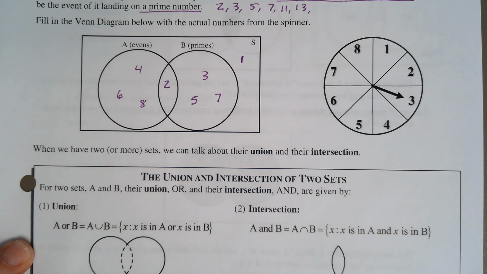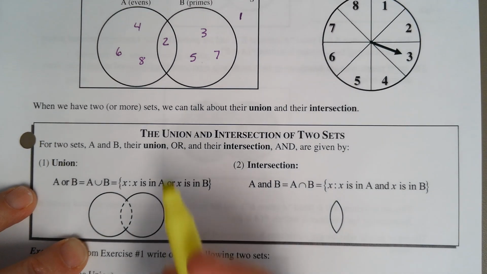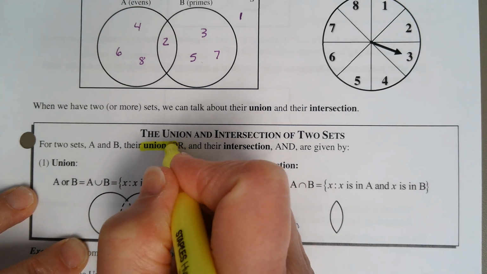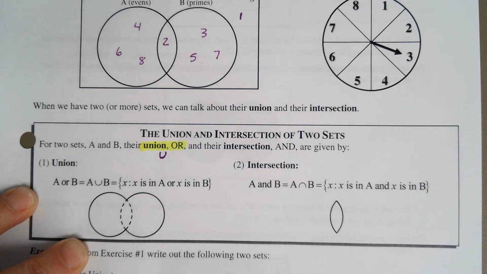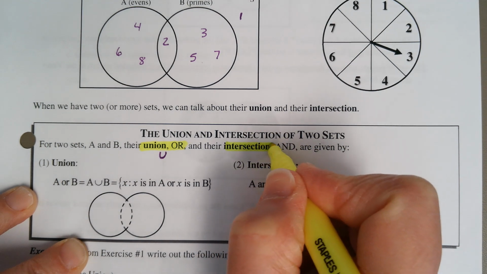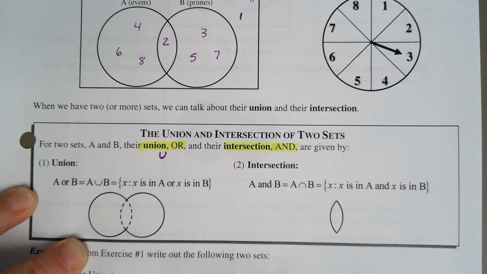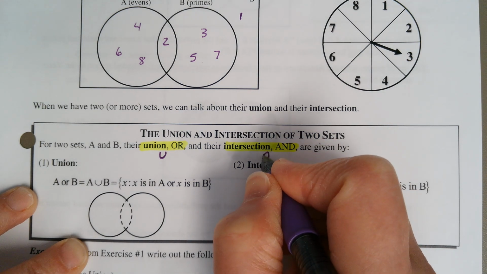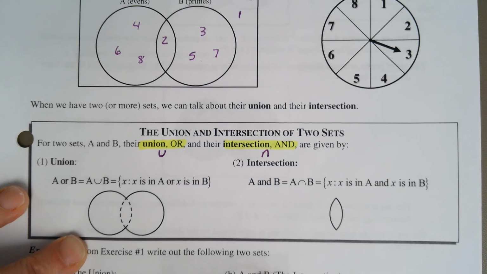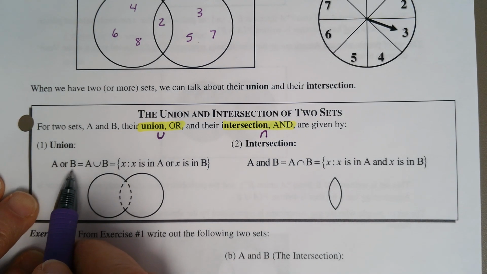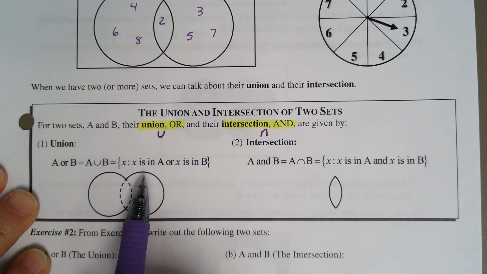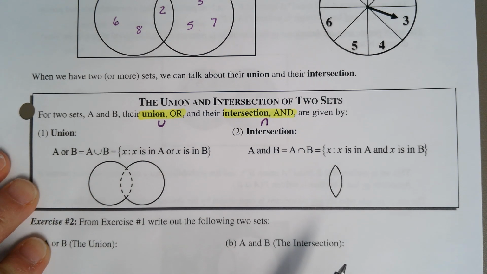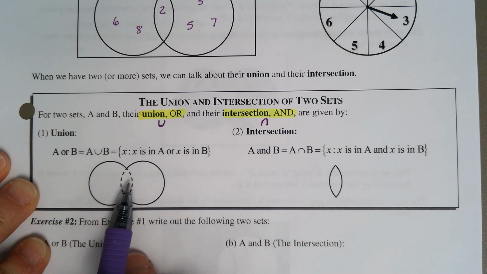For 2 sets, A and B, their union, which has this symbol, and their intersection, which is this symbol, are given by: A or B, also known as A union B, is the set of all x such that x is in A or x is in B. So it's the 2 sets joined.